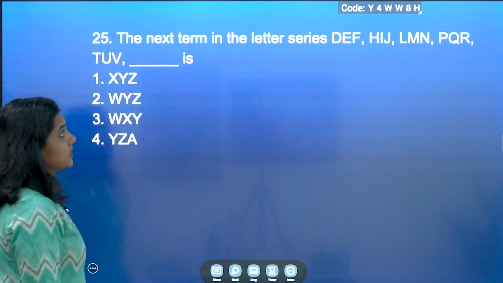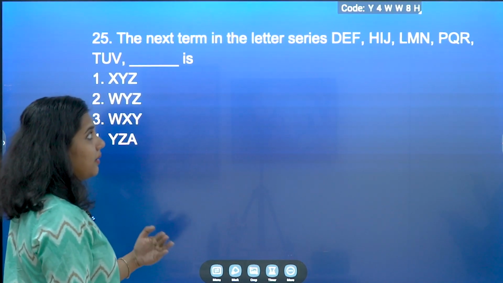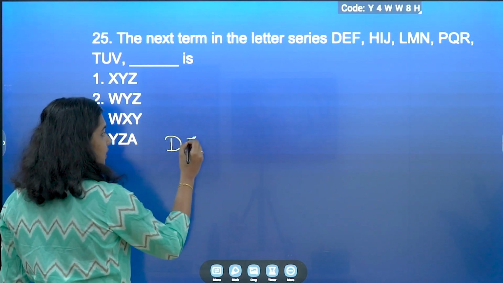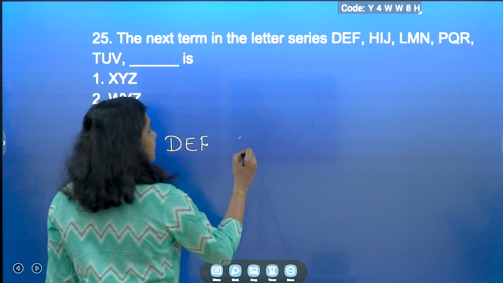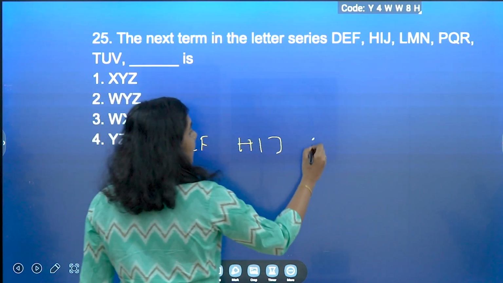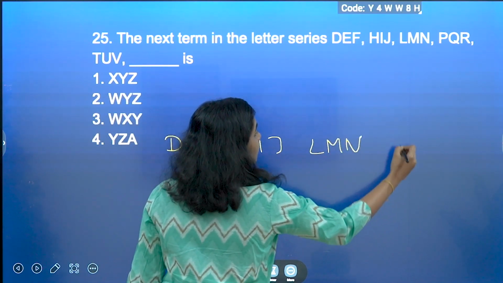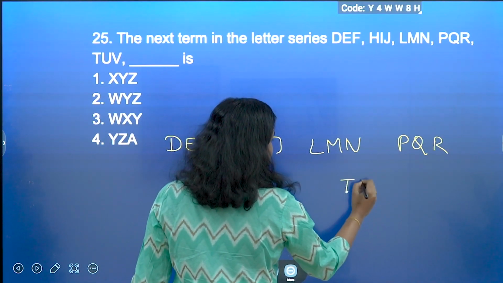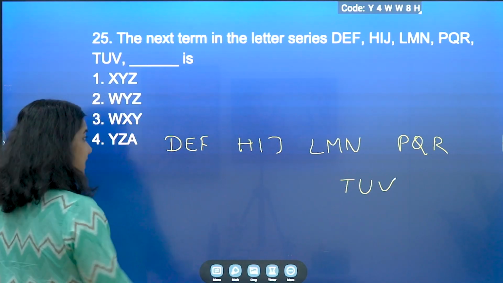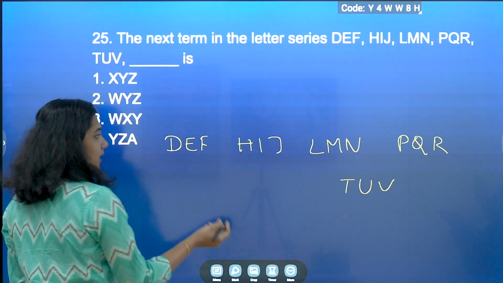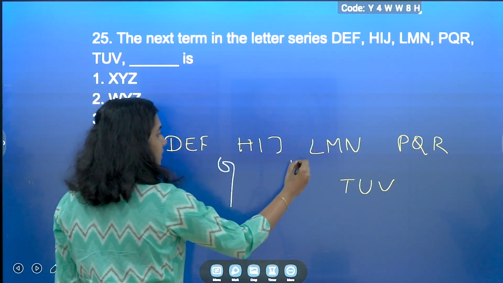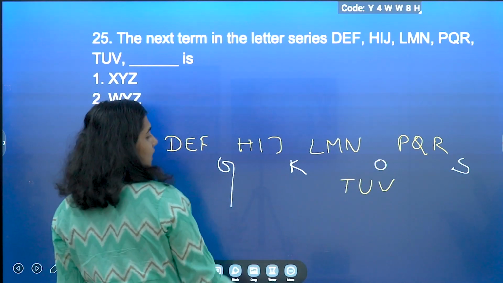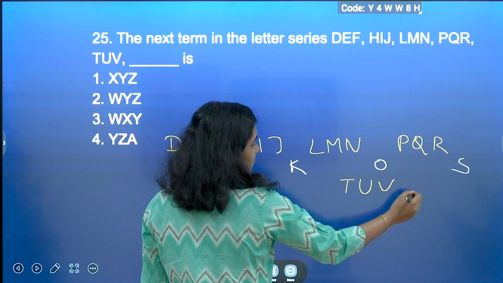The next term in the letter series D, E, F, H, I, J, L, M, N, P, Q, R and T, U, V. So D, E, F, G, H, I, J, K, L, M, N, O, P, Q, R, S, T, U, V, W, right?